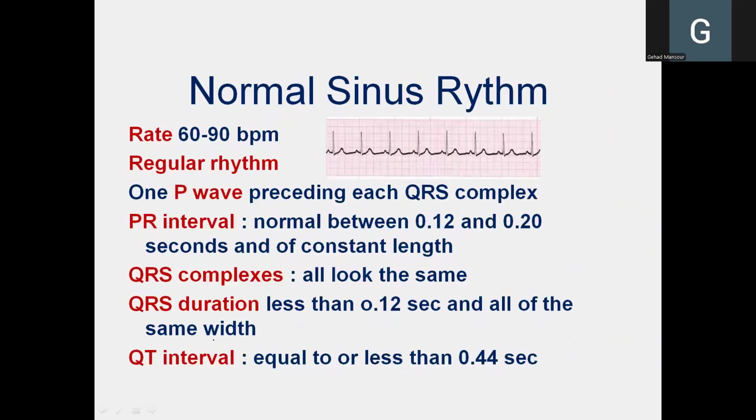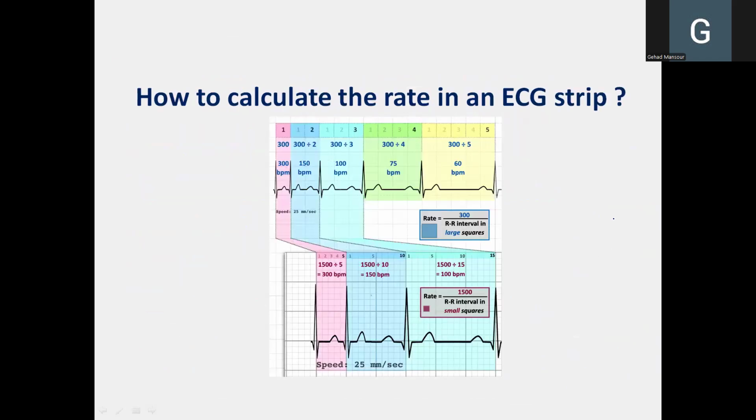Of course, you might have noticed that the ECG strips are lined. There are squares like the graph paper, and this helps you a lot to calculate the rate in the ECG strip. We have several ways of calculating the rate in the ECG strip when the heart rate is regular.